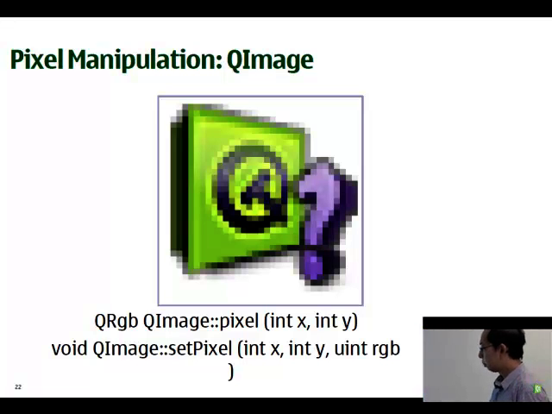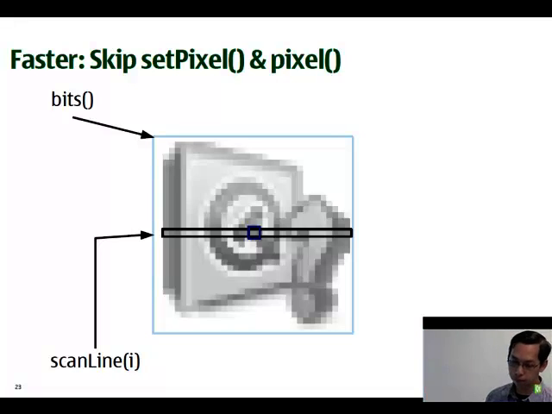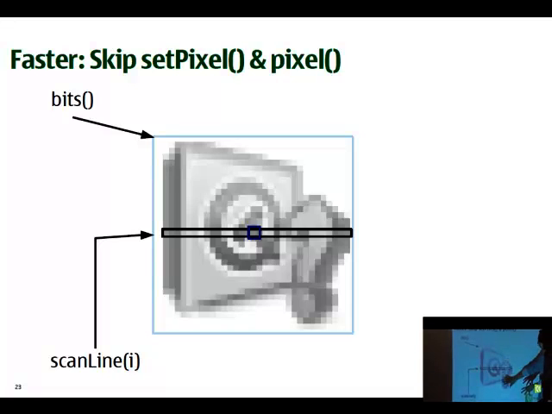Of course, pixel and setPixel are good, but we're talking about something blazing fast. So instead of doing the calls to pixel and setPixel, we can optimize the code a bit. The trick is that there are two other functions in QImage, namely bits and scanLine. If this is our image, it is stored in memory as scanlines.